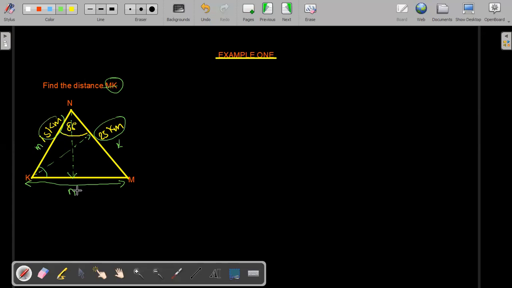So now, since we are finding N, N should be our subject of the formula. So we are going to say N squared should be equal to what?